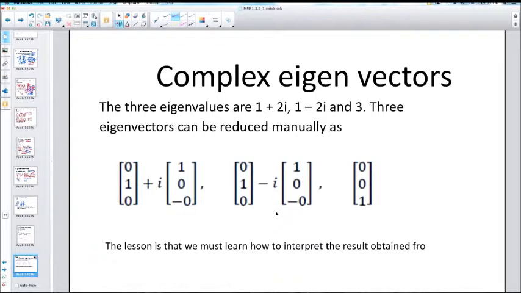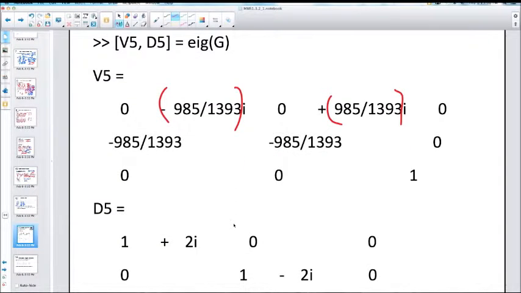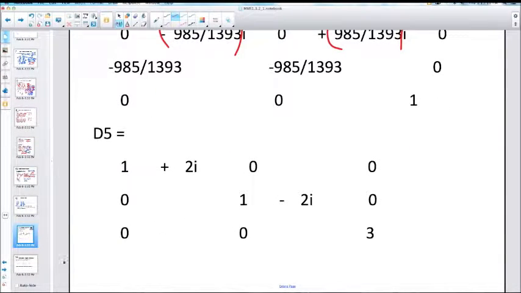You can make your choice of free variable, because a human being can make an intelligent choice, then your answer will look so nice. But MATLAB really made a bad choice. That's why it looks so ugly. But it's fine, as long as you get it right.